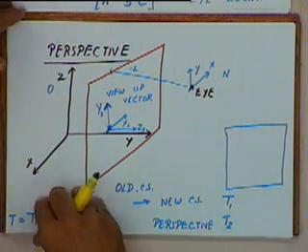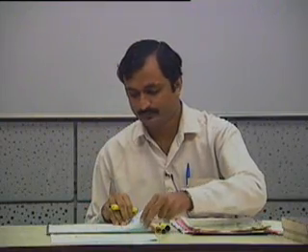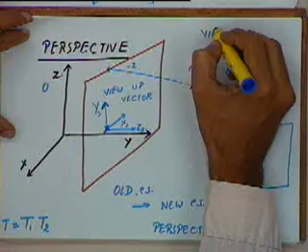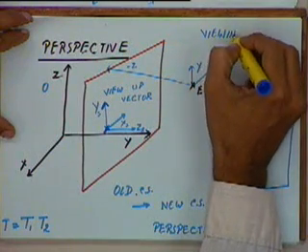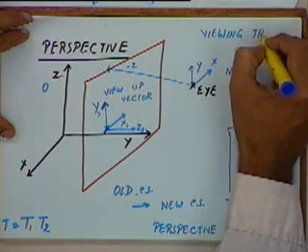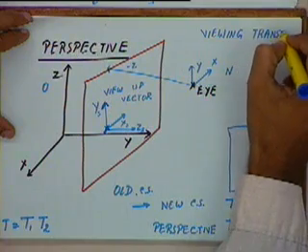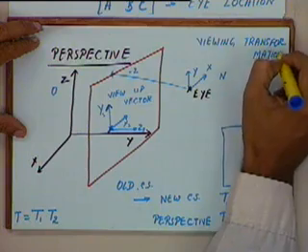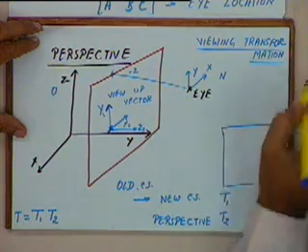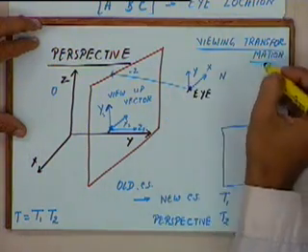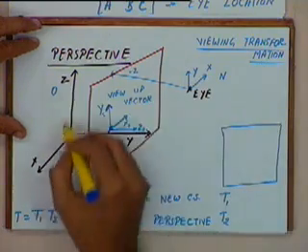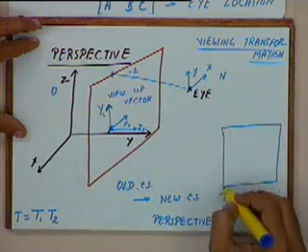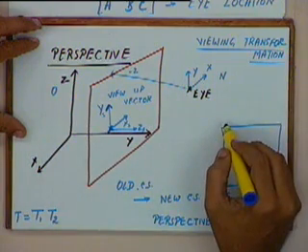Now this complete transformation is referred to as the viewing transformation. So viewing transformation is that transformation which will transform the world coordinate system into the coordinate system which is finally required at the screen.